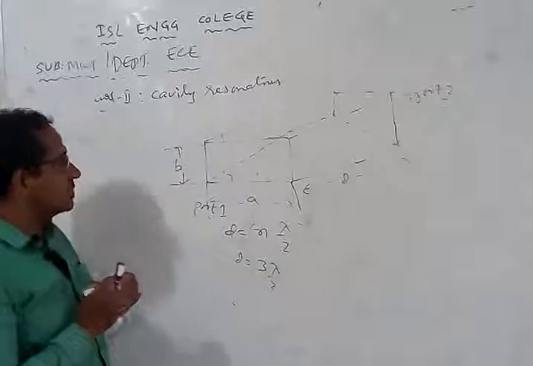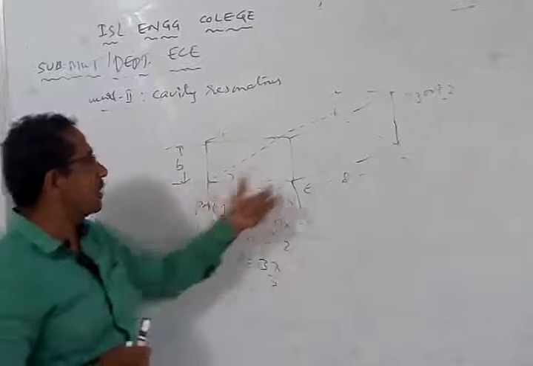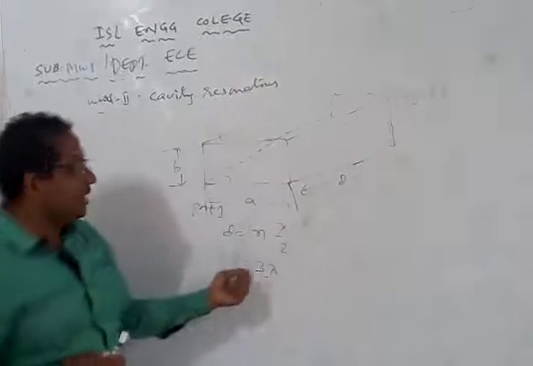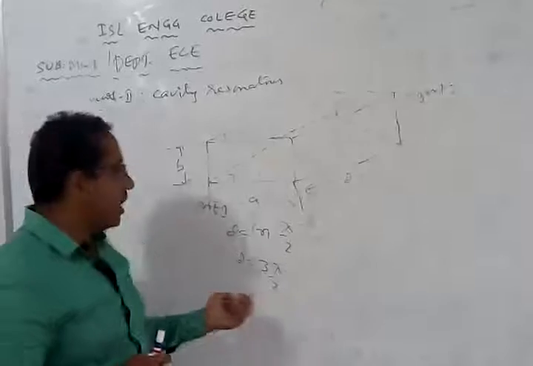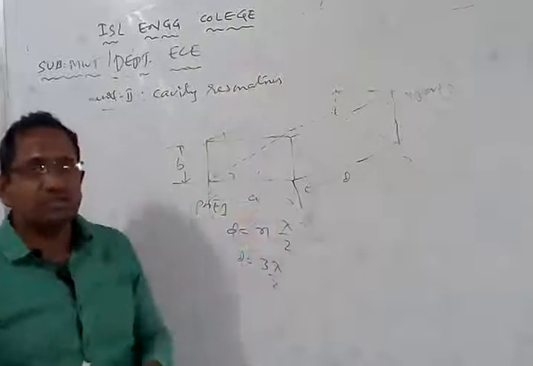That means the distance between port 1 and port 2 is going to be d, and that d can be equal to 3 lambda by 2. Why is it 3 lambda by 2? Because for every lambda by 2, it is going to generate standing waves.